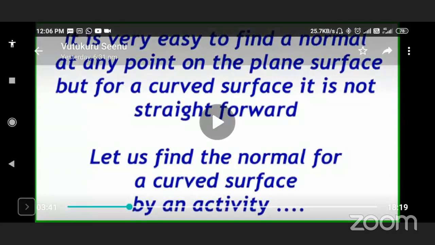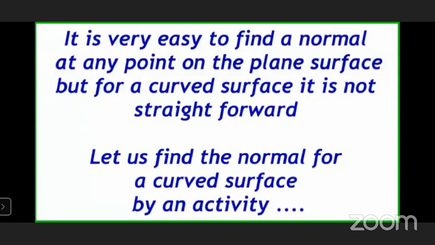Here I used a foam sheet and broomsticks. You may use wire or a thermocol sheet or rubber sheet, anything which is flexible to bend inward or outward. Okay, children? Now you see the activity, the virtual activity I performed in the video. You follow the video carefully.